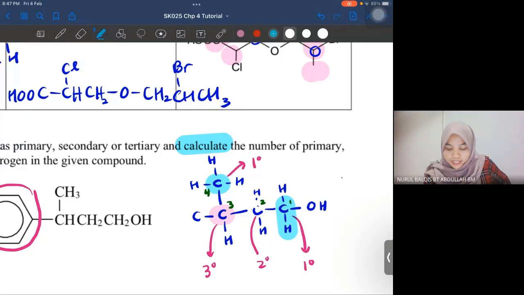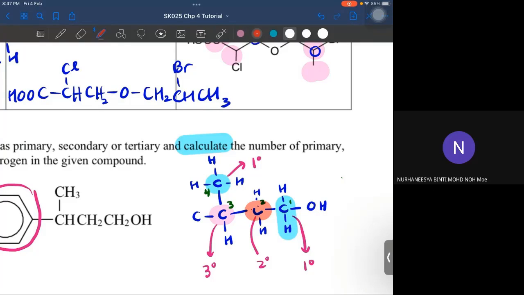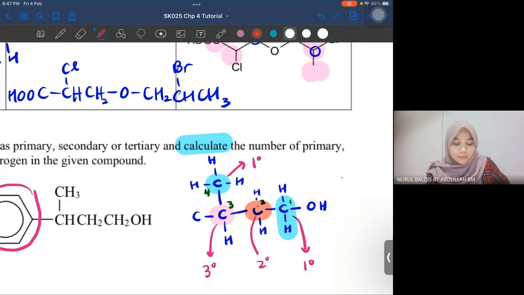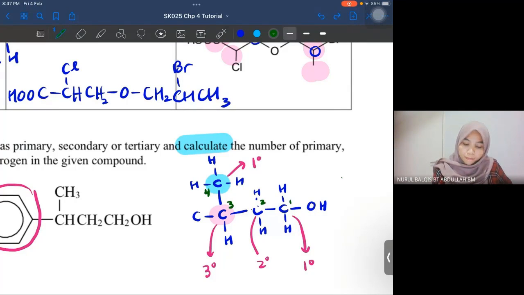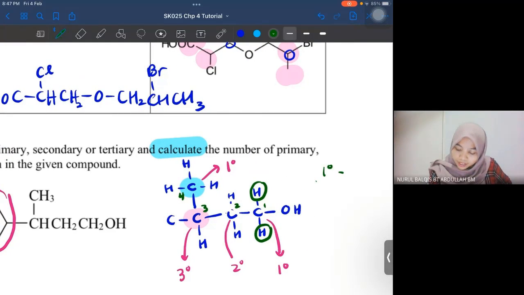So how many carbons directly attached to it? 1. So basically satu, kalau dia primary carbon, dia juga adalah primary hydrogen. Tapi awak ada berapa banyak sekarang primary hydrogen awak dekat sini? Ada 2. Jadi kita ada 2 dah hydrogen primary kita. So sekarang kita buat sikit checklist kat tepi ni. Primary, secondary, tertiary hydrogens. So at the moment we have 2.